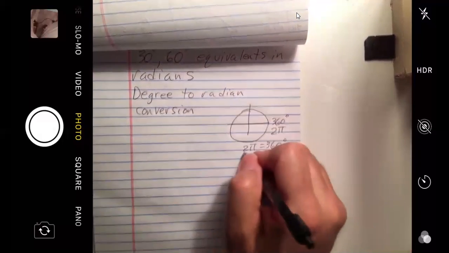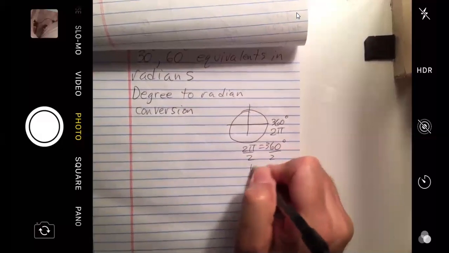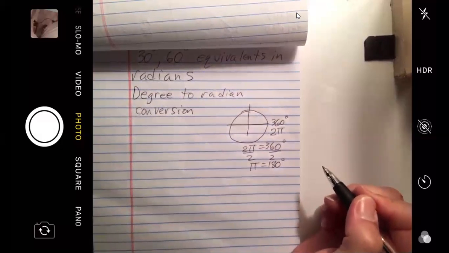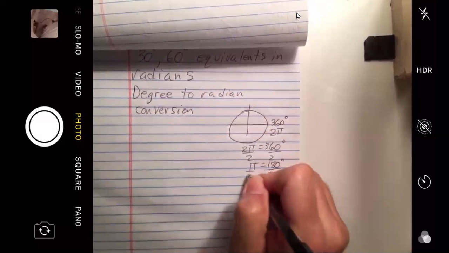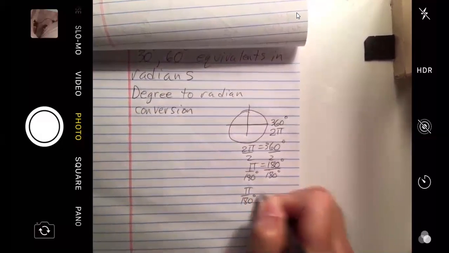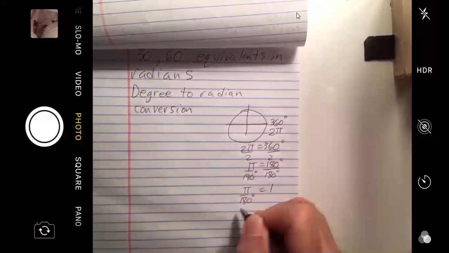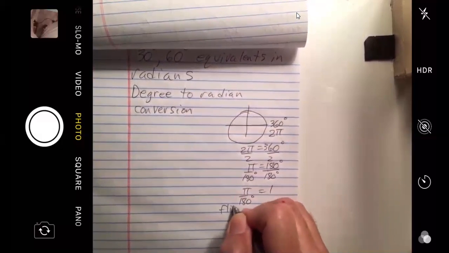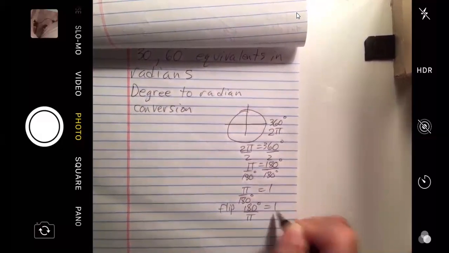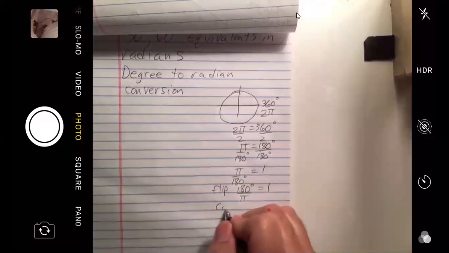You can divide both sides by 2 and get that pi is equal to 180 degrees. Divide by 180 degrees: pi over 180 degrees equals 1. You can flip, and 180 degrees over pi equals 1 as well. These are conversion factors.